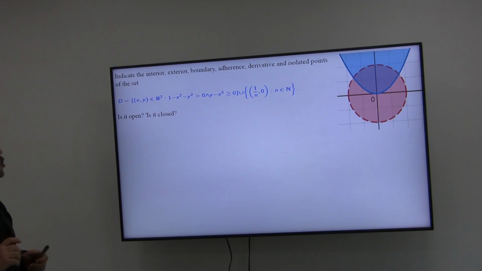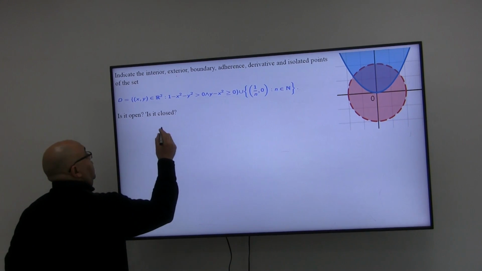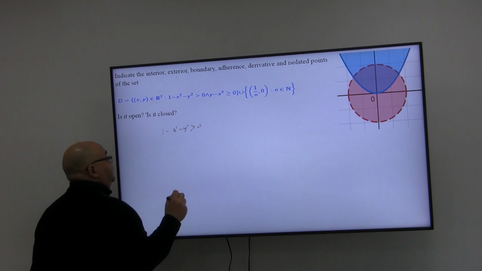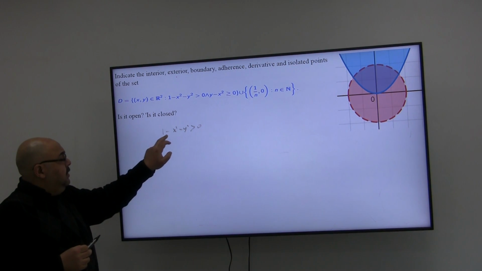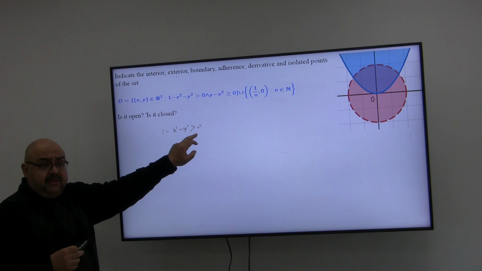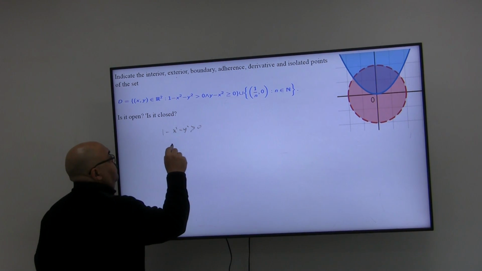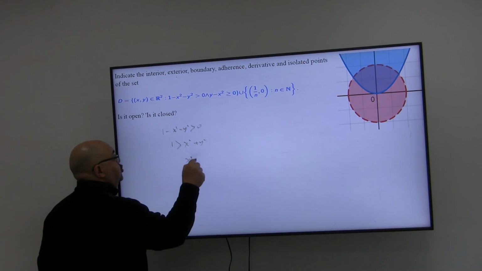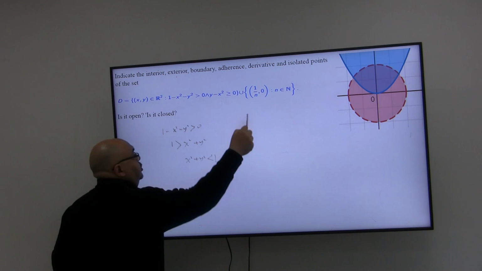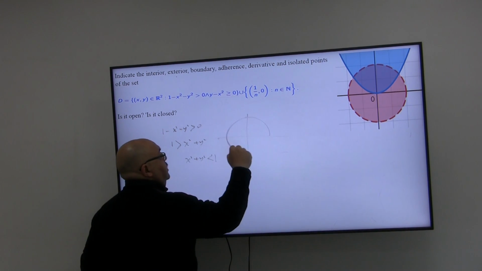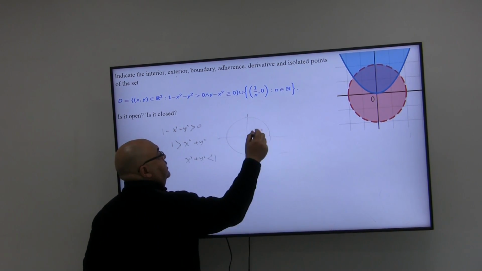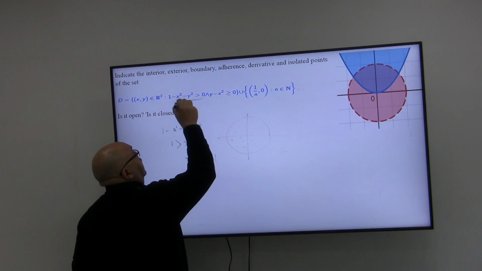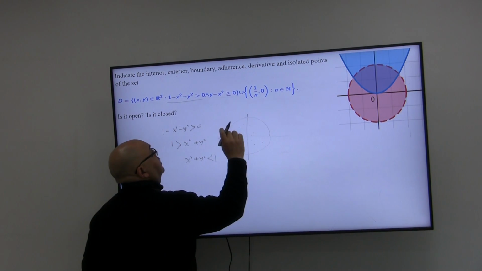Number 4: look, 1 minus x square minus y square greater than 0, which means 1 greater than x square plus y square. That means x square plus y square less than 1, a unit circle with all the elements inside the circle. So the first set is the points inside the circle.